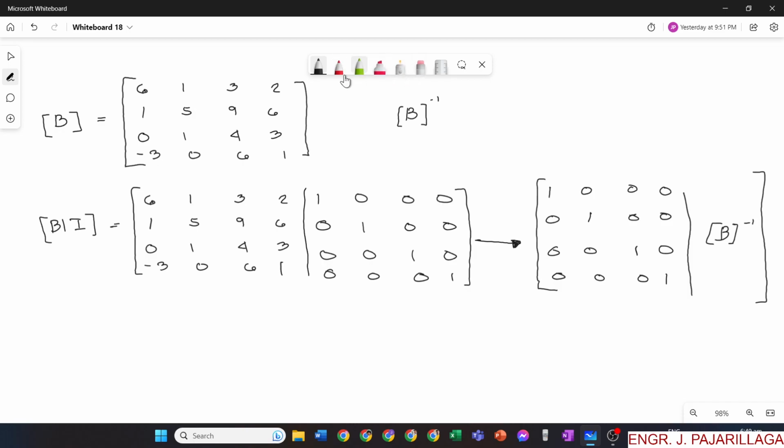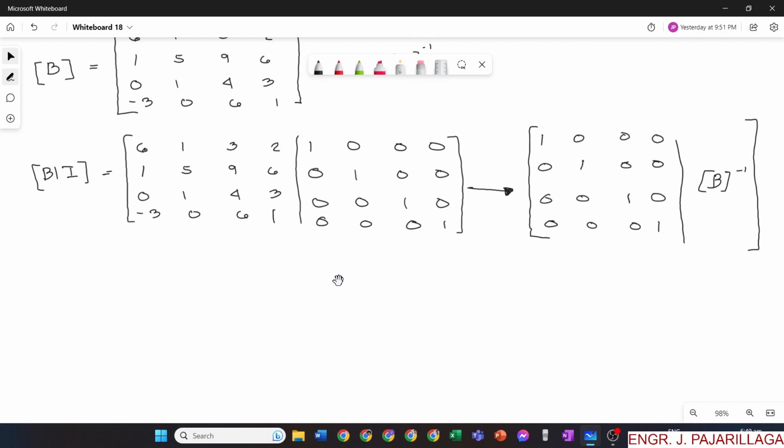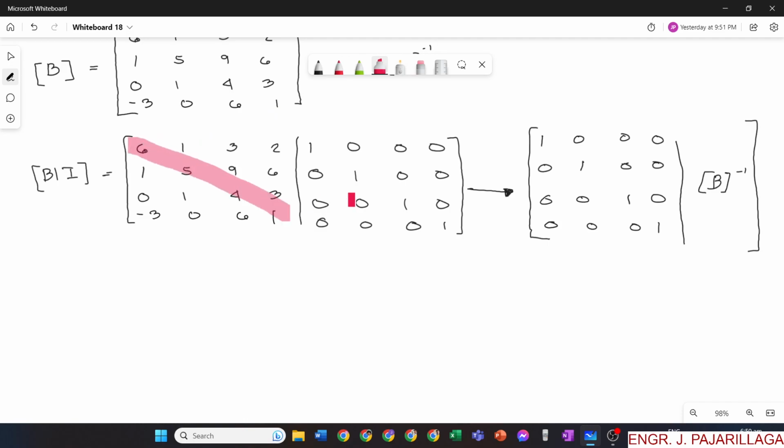Pero before that, kung i-observe ko yung matrix ko, my goal is for this identity matrix malipat dito. Or basically, these elements maging 1, 1, 1, 1. And the rest will be a null entry or a zero element.